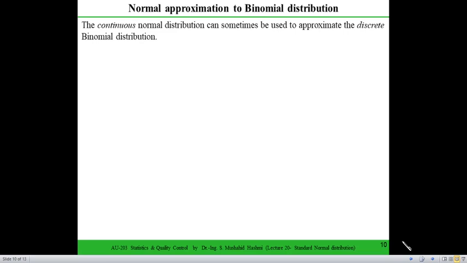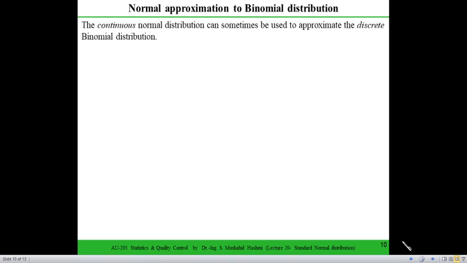Okay, one more thing we can do is, we have already seen that in binomial distribution, when your number of trials is large and your probability of success is of the order of 0.5, then even though binomial is a discrete distribution, the shape of the distribution would look like a symmetric distribution.